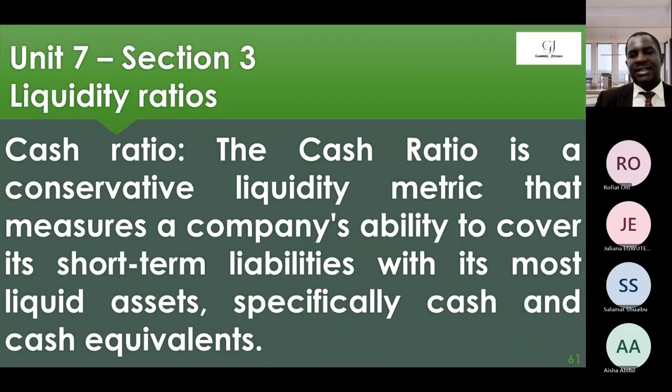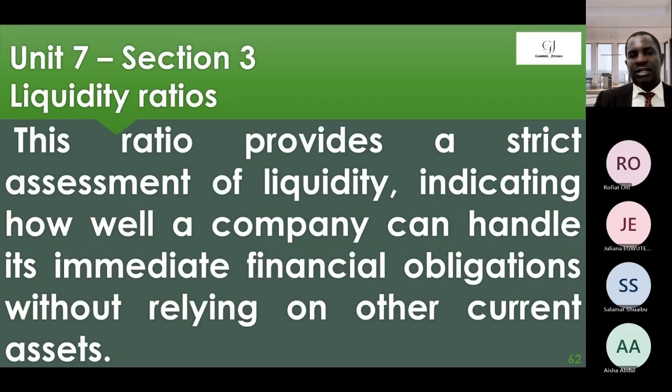Cash and cash equivalents are the most liquid assets because they are in the form of physical cash. This ratio provides a strict assessment of liquidity, indicating how well a company can handle its immediate expenses, in terms of petty cash and main cash, without relying on other assets like I've mentioned, receivables and inventory.